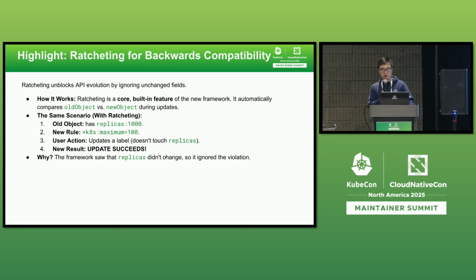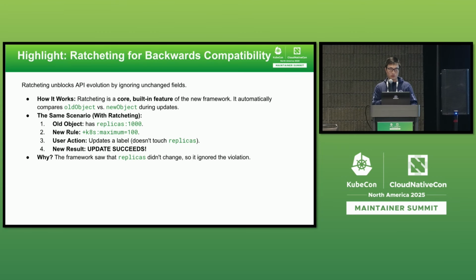In our new generated code, we cover this case because we have ratcheting there. It's a core built-in feature, so all the framework will automatically adopt it. We have a principle that any stored configuration is considered valid, even if it is invalid under the new updated validation rule. And we also have a principle that an API request should not be rejected due to fields you are not changing.